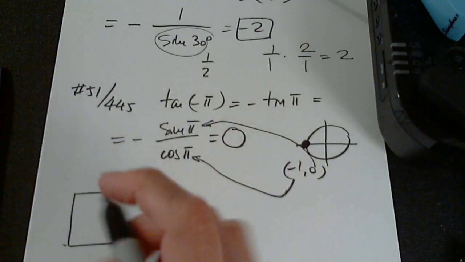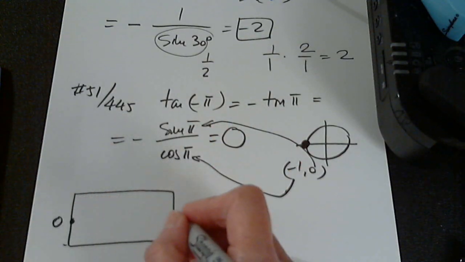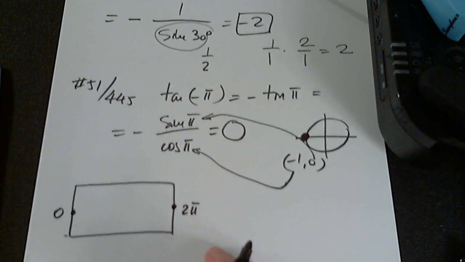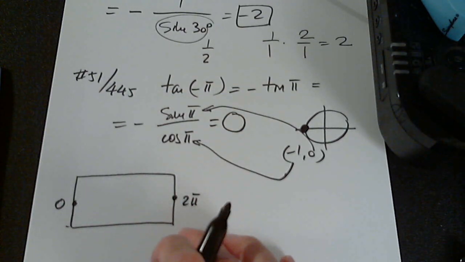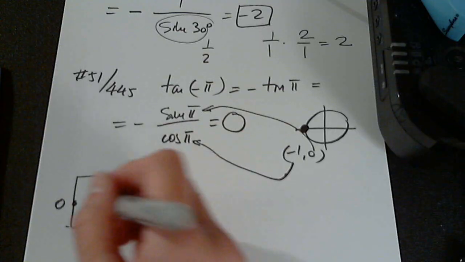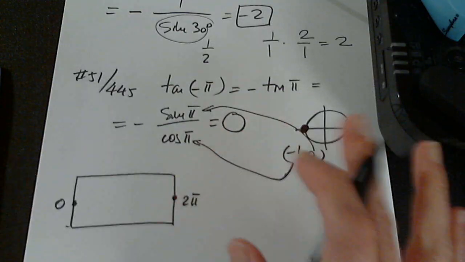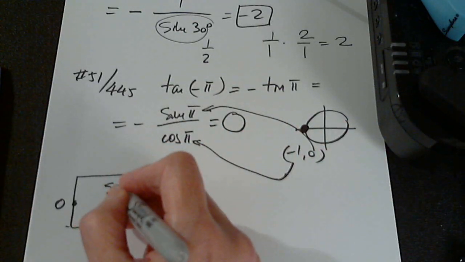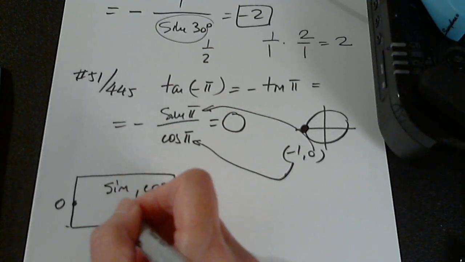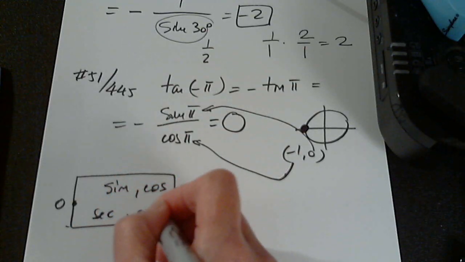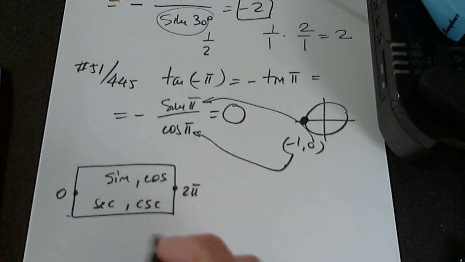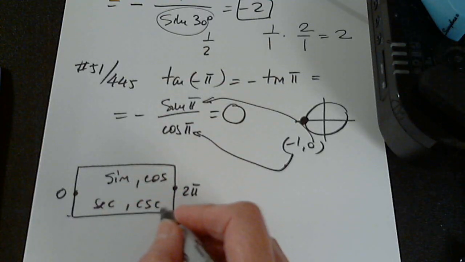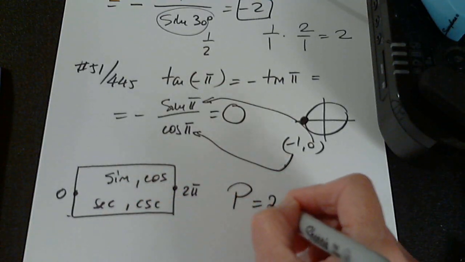Imagine the graphing calculator from 0 to 2 pi. In the 0 to 2 pi, we have a full, complete function for sine, cosine, secant, and cosecant. So the period of sine, cosine, secant, cosecant is 2 pi.